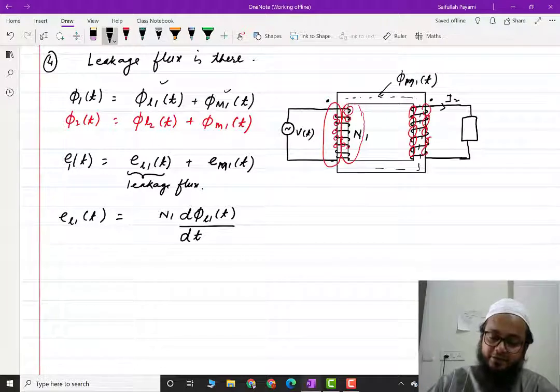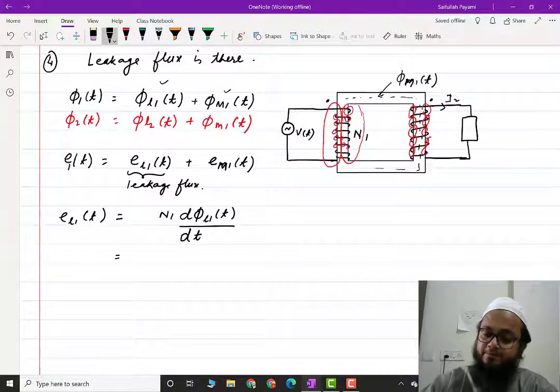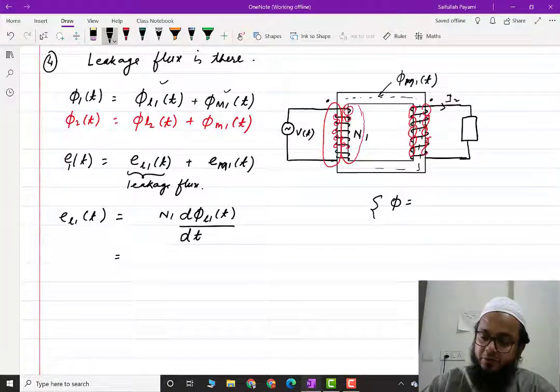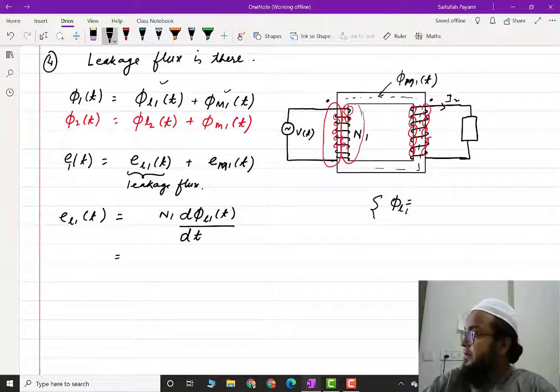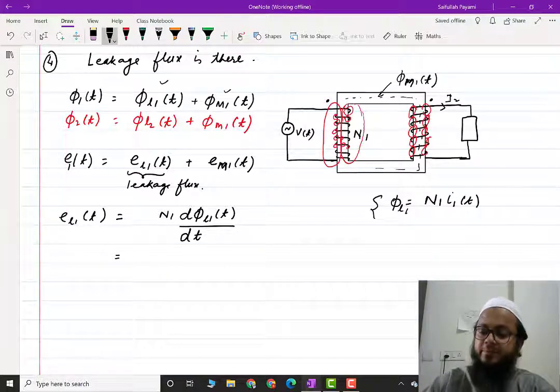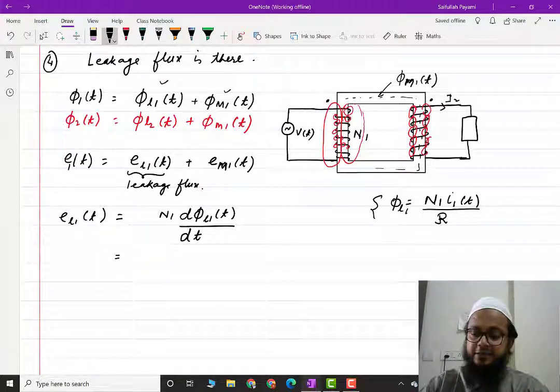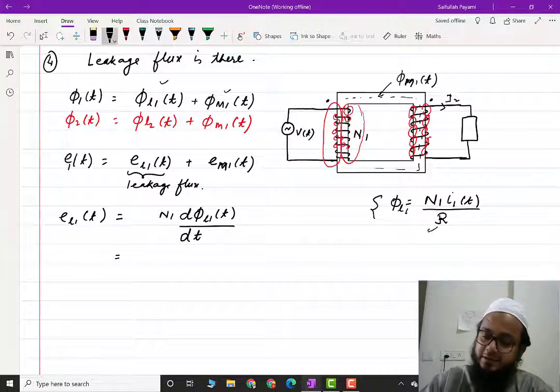Now this flux can be written in terms of reluctance and MMF. So φL1 would be equal to N1 I1(t), the MMF, upon the reluctance R, and this R is the reluctance of the leakage path.